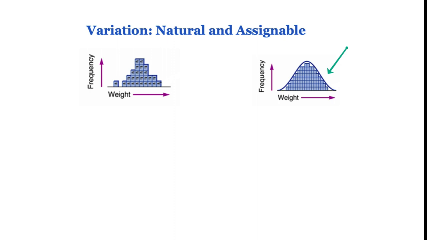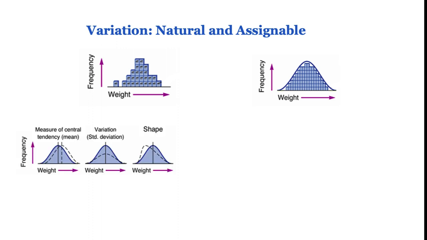So the solid line in this new image represents the distribution. There are many types of distributions, including the normal, the bell-shaped distribution. But the distributions do differ in terms of the central tendency or mean, the standard deviation, also called variance, and their shape. So the central tendency, standard deviation, and shape.